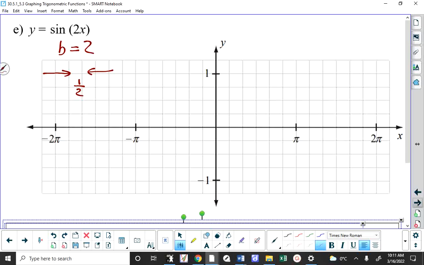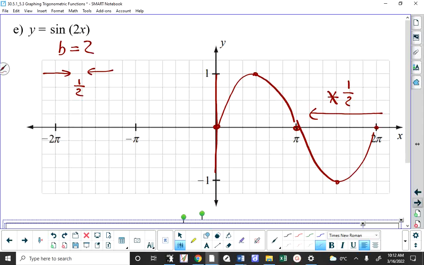If I take a look at sine of x, and this grid is here mainly for teaching purposes, not for you necessarily to construct an answer to the question, this is sine of x. If I take that and I stretch it horizontally by a factor of 1/2, then instead of going through a complete cycle in 2 pi, it's going to go through a complete cycle in pi. This will be the only thing that changes.